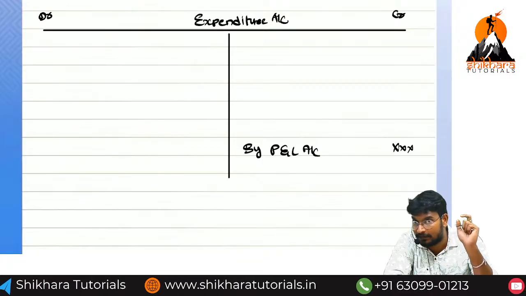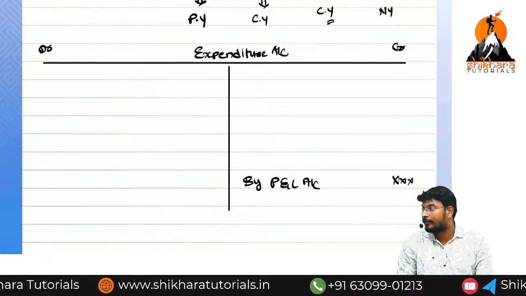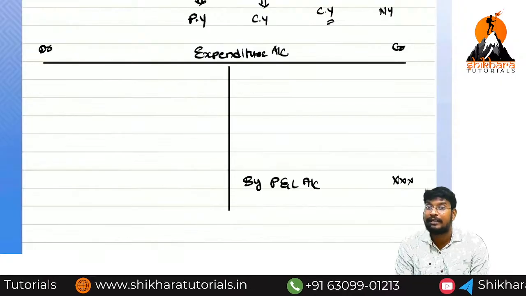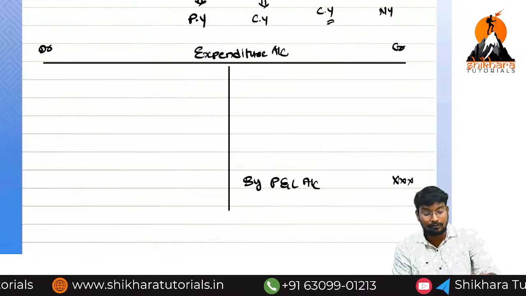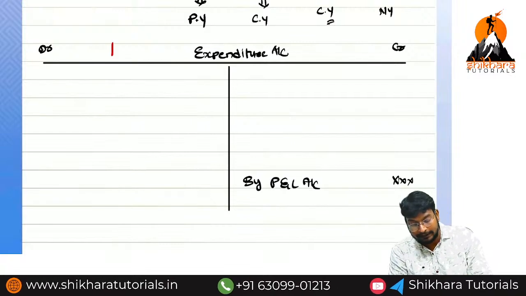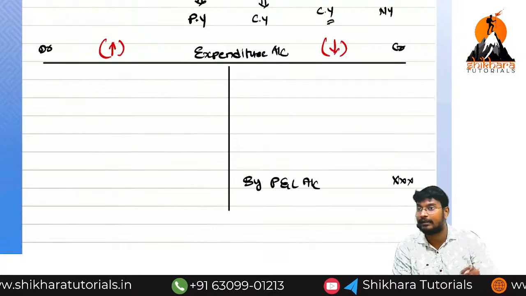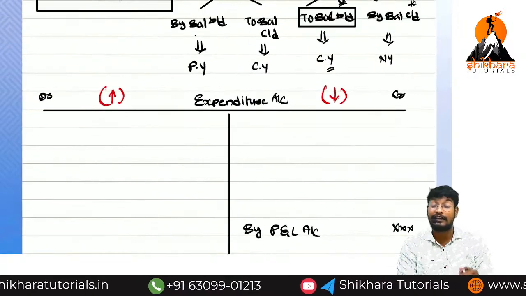Okay. Next, the decision: which balance, debit balance or credit balance? Debit balance. So in order to increase the expenditure, which side do we need to record? Increases mean debit side, decreases mean credit side. We need to follow the accrual basis.